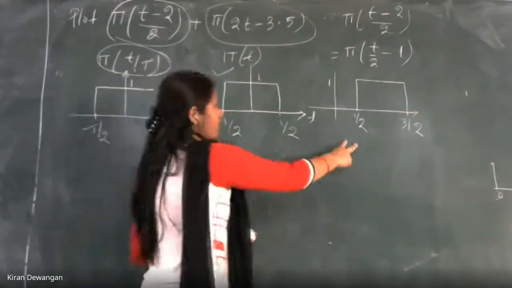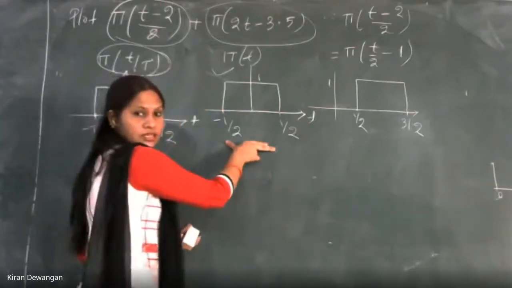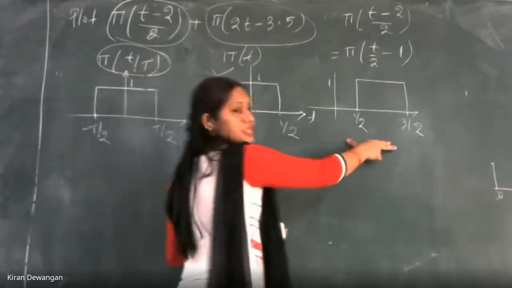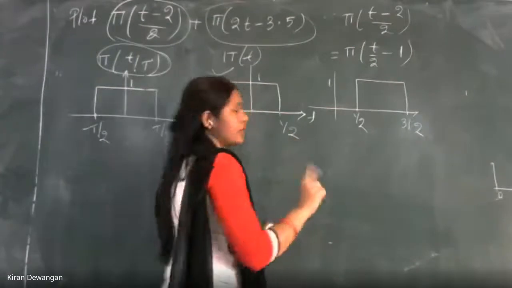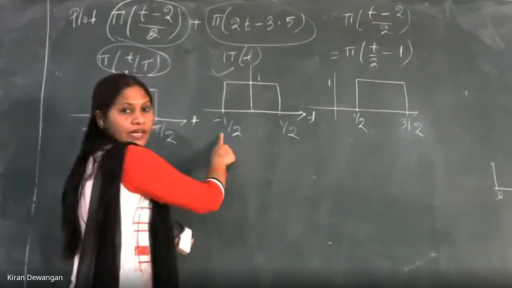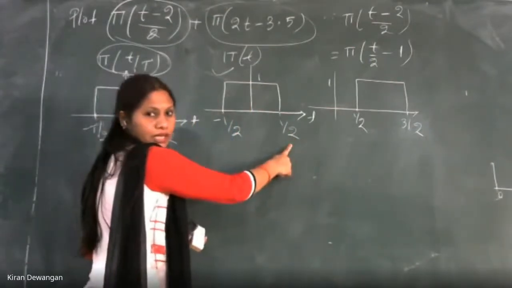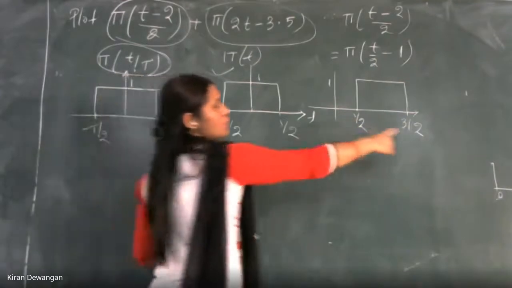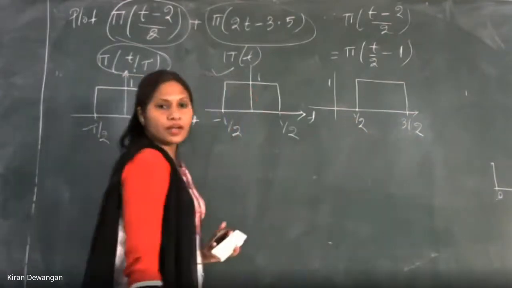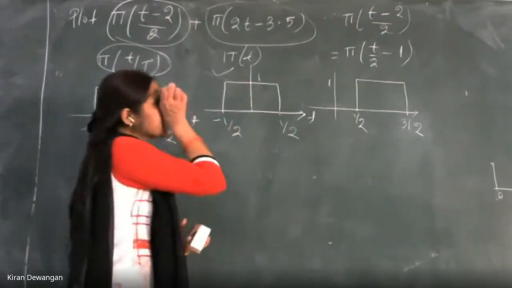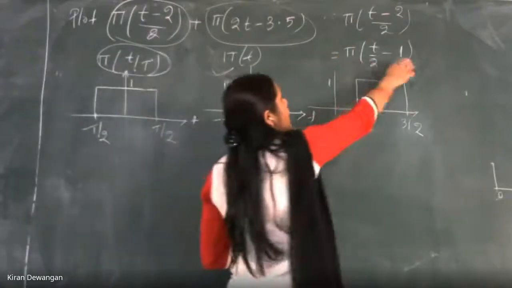This is the plot. This is the actual pi t, and this is shifted by the value 1. That means the minus 1 by 2 value comes to 1 by 2, and the 1 by 2 value will shift to 3 by 2. Clear? So that is our pi of t minus 1.